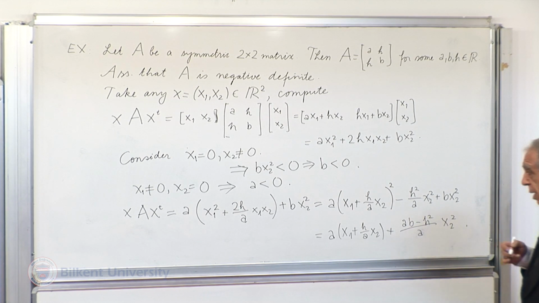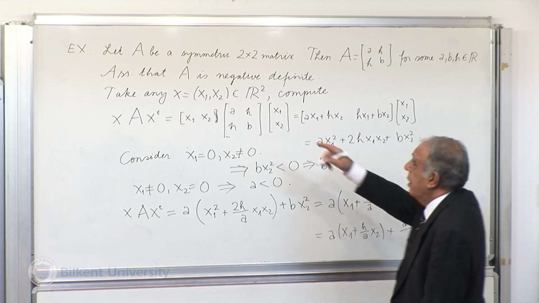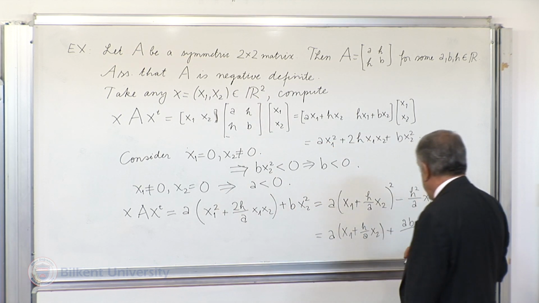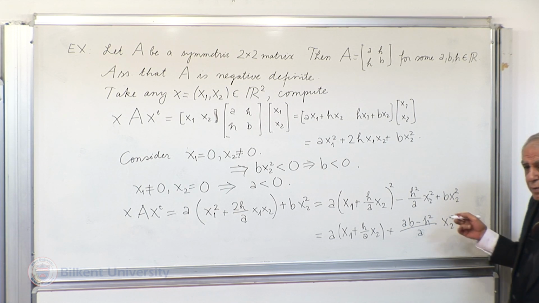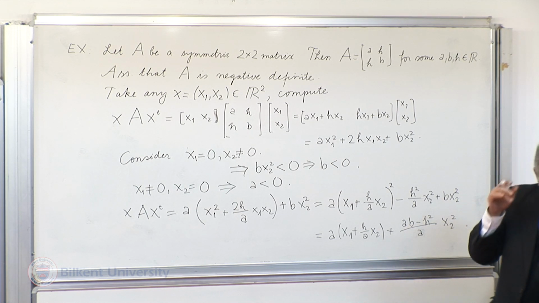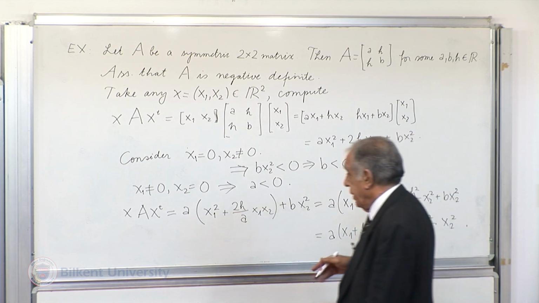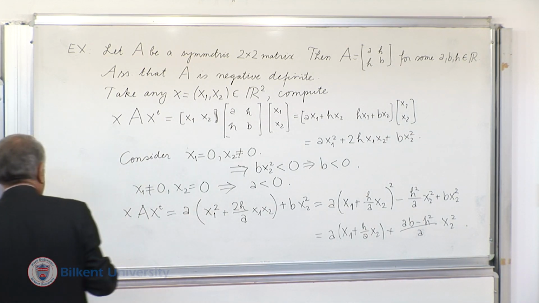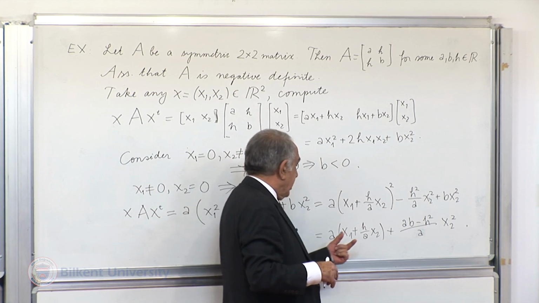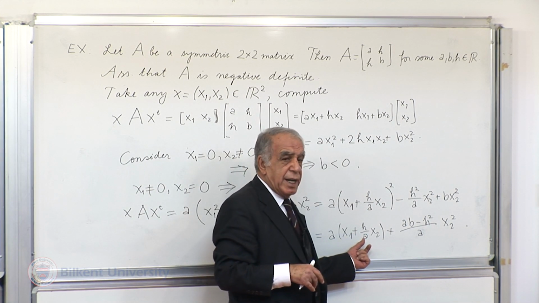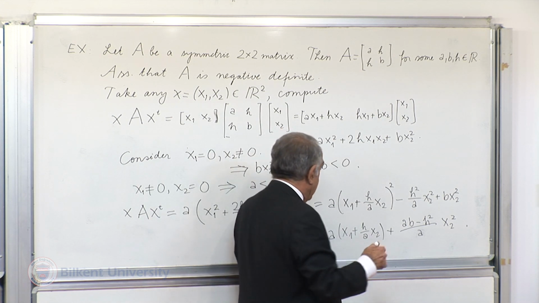Okay? Now we know if a is negative definite, this will actually be less than 0 for any non-zero vector x1, x2. Well, let me now choose x1, x2 in such a way that this is squared.